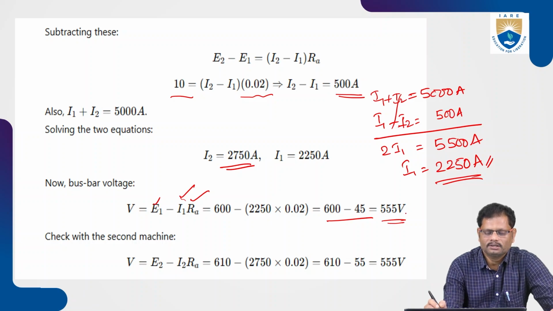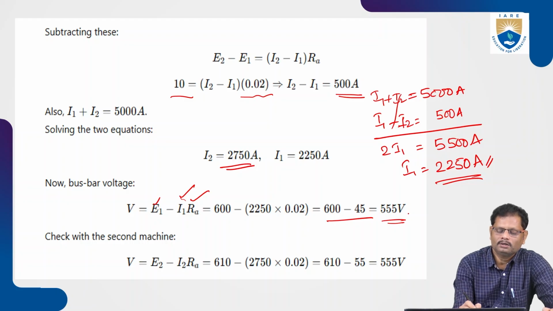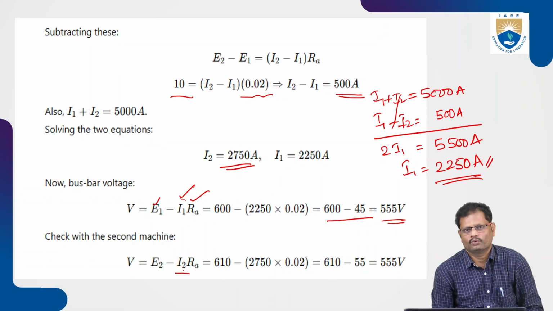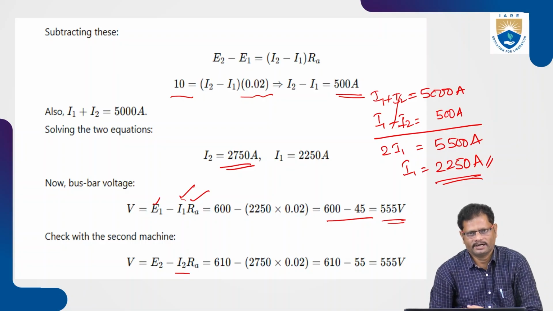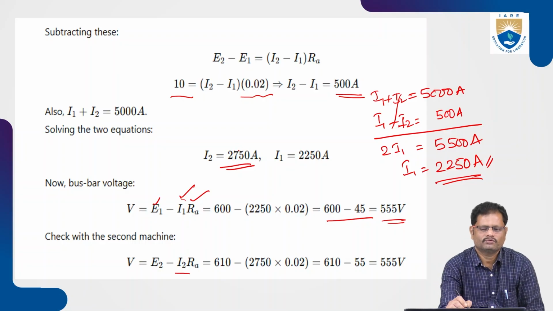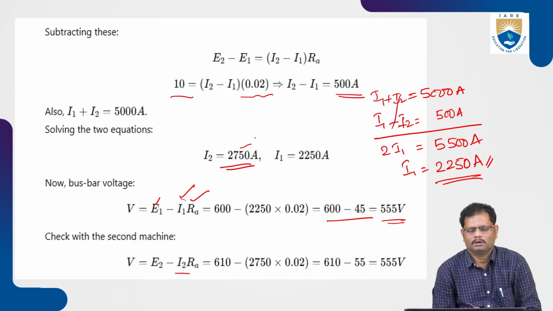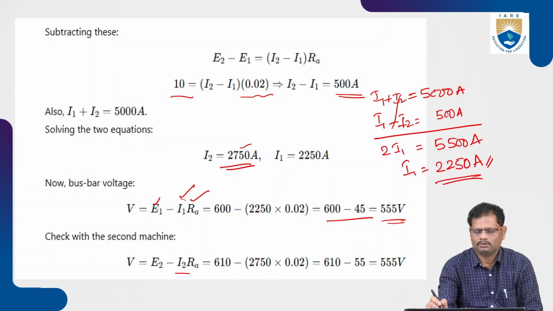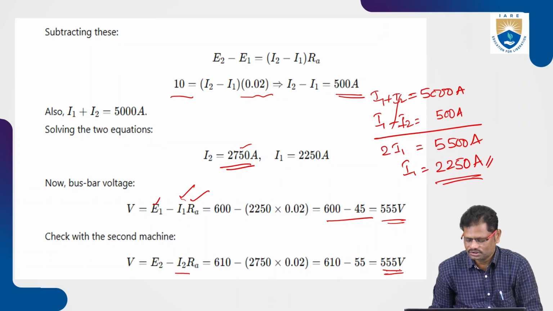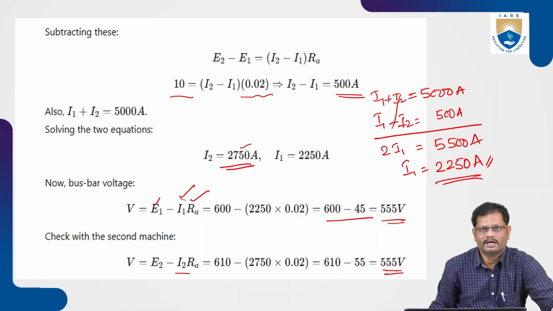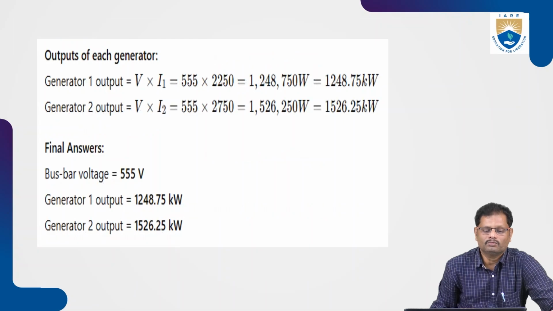We can also check with the second machine by substituting I2: E2 as 610, I2 as 2750 amps and RA 0.02. We have cross verified this busbar voltage with the second machine also. So the voltage of the busbar is 555 volts.